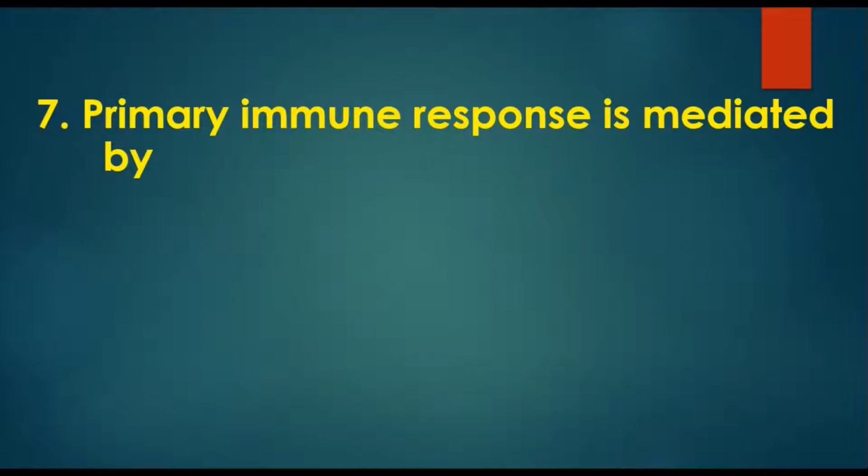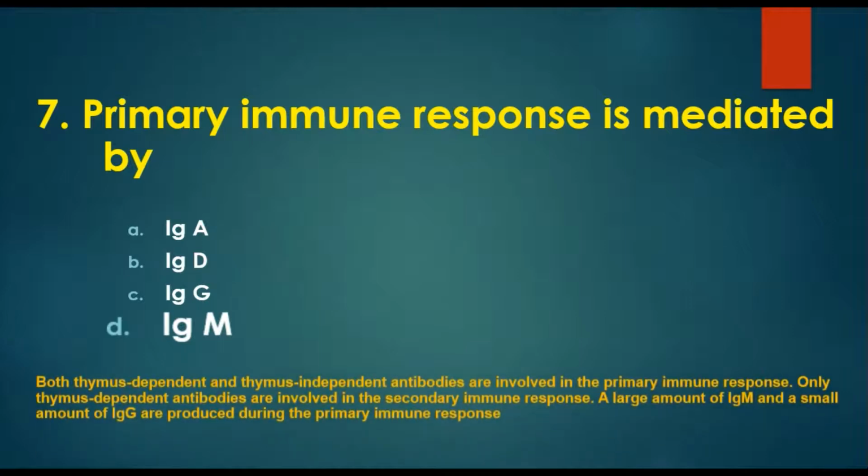Seventh one, primary immune response is mediated by. Options are A. IgA, B. IgD, C. IgG, D. IgM. I told you already, the primary immune response is mediated by the IgM immunoglobulin. Here both the thymus dependent and thymus independent antibodies are going to be involved in the primary immune response.